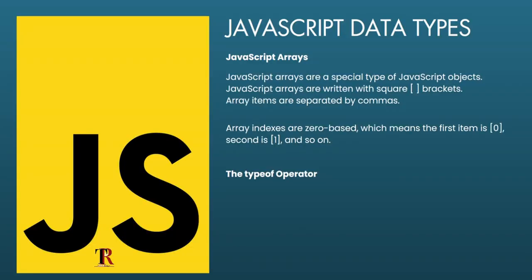So let's move on to the typeof operator. Now, the typeof operator returns the data type of a JavaScript variable or expression. So when we are talking about typeof in JavaScript, we are basically talking about the fact that it helps to return the data type of a JavaScript variable or expression.